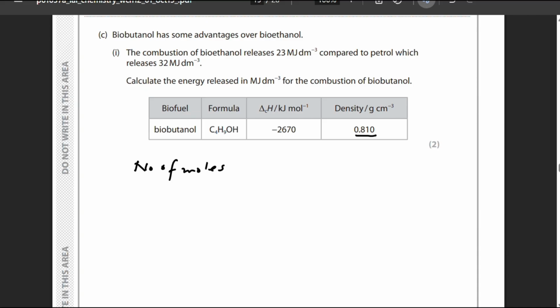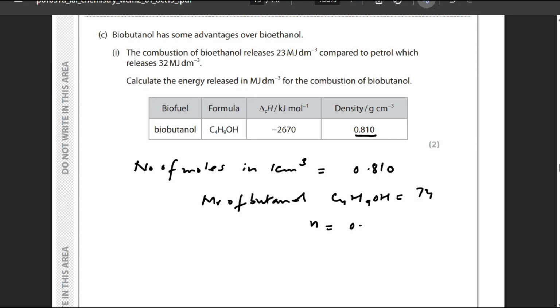Number of moles in 1 centimeter cube. So mass is 0.810 of butanol. Mr of butanol C4H9OH is equal to 74.